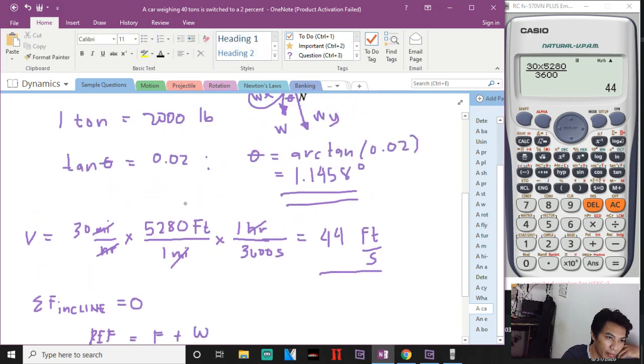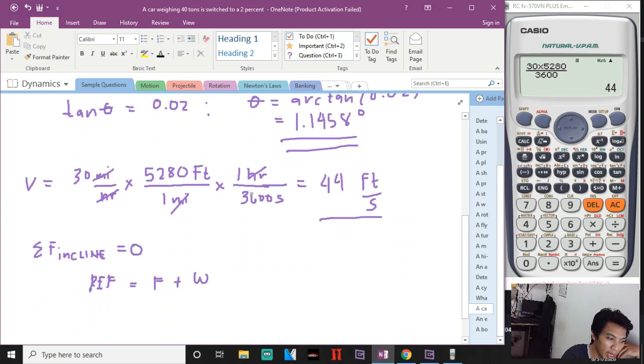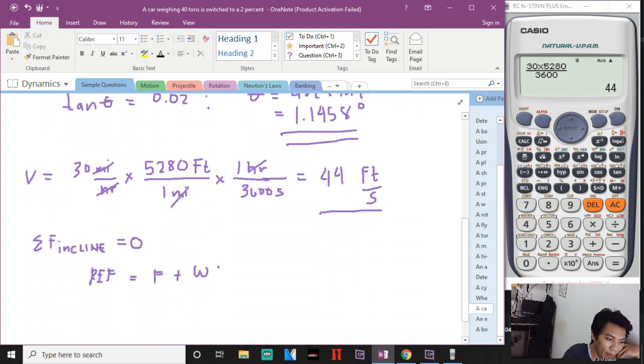Look, the angle is here and this is opposite, so this will be sine theta. W sine theta.